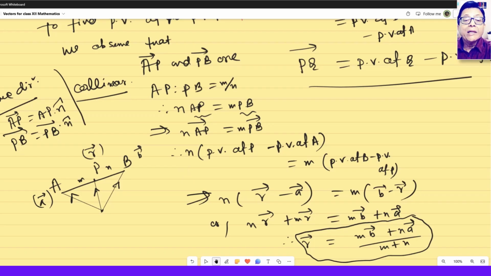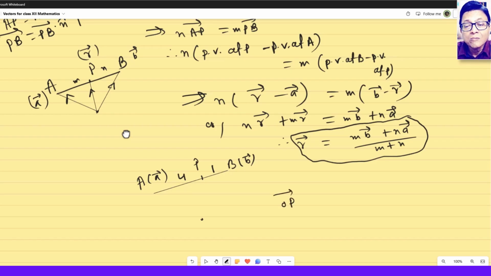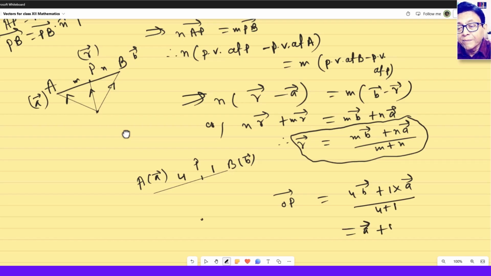So any point, if you know A has position vector A, B has position vector B, and you want to find the position vector of a point which divides in the ratio 4:1, then this point's position vector you can write OP vector equal to 4 into B plus 1 into A by 4 plus 1. That is A plus 4B divided by 5.